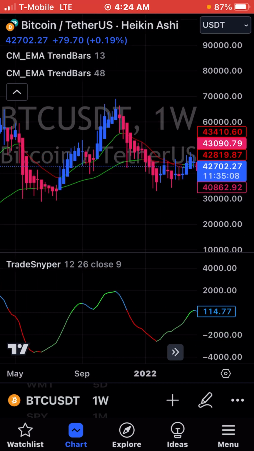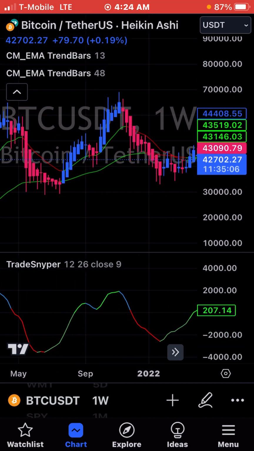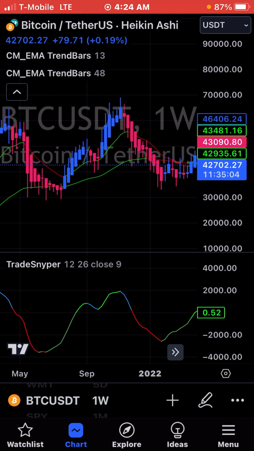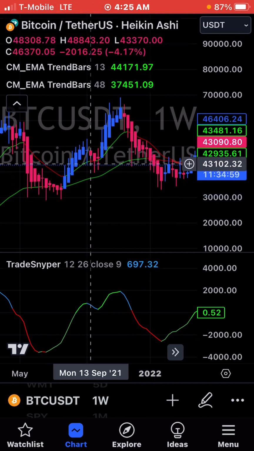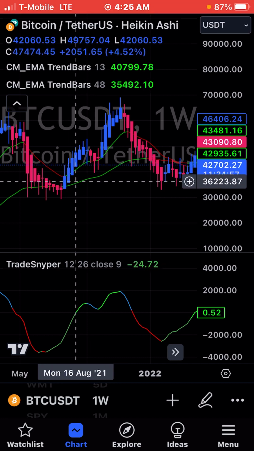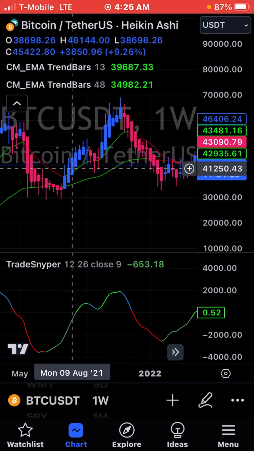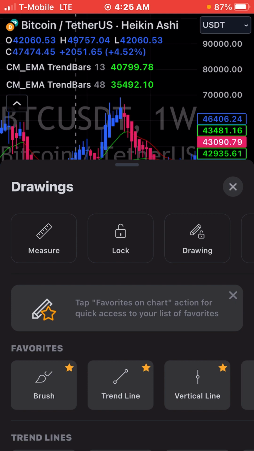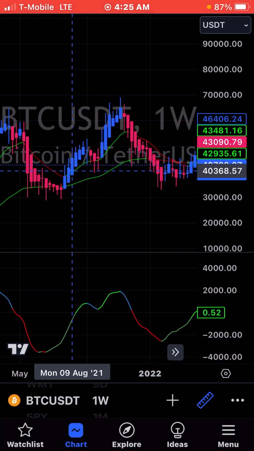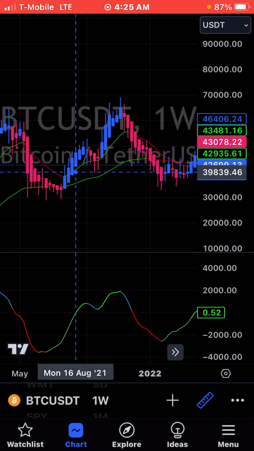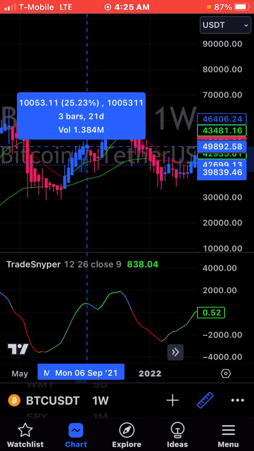So when it started going back up after the halving event, you notice that it started getting blue right here. It didn't happen right here, but it did print some green. So right about here, you could have come in right when it turned bright green, and you could have rode this out.